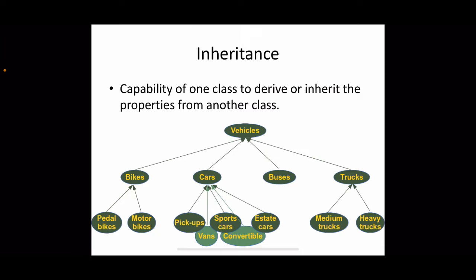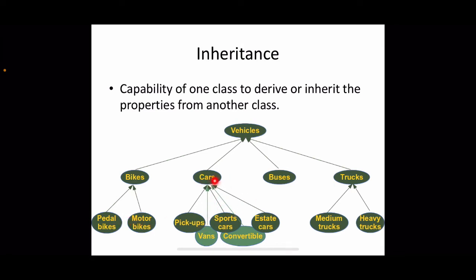Obviously there are some common properties of the vehicle which can be inherited by bikes, cars, buses, trucks, etc. That is called inheritance. Again, bikes has 2 subclasses: pedal bikes and motorbikes. Some properties of bikes will be inherited by these 2 subclasses.